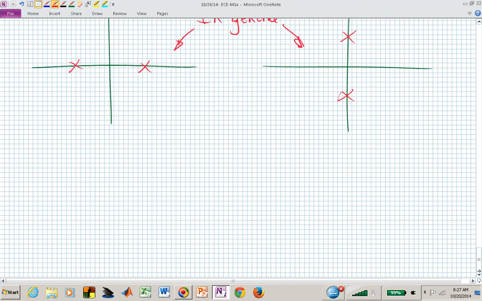For our particular example, our S2 row produced what polynomial? The S2 row was 4s squared plus 144.